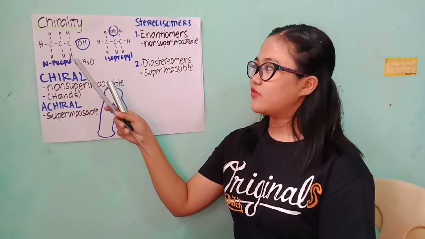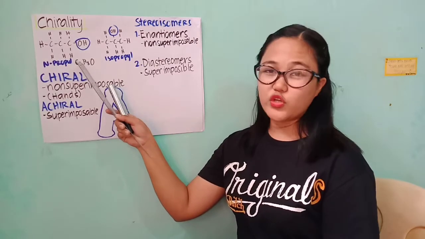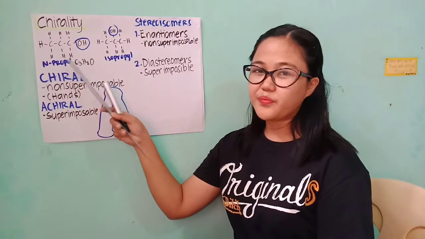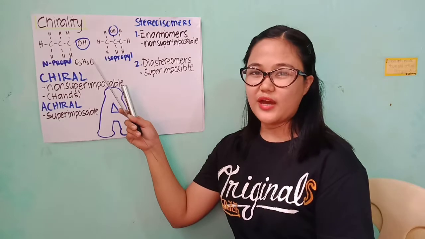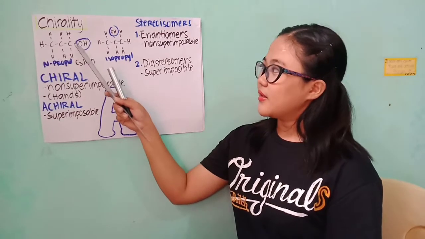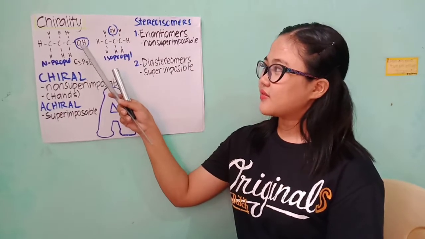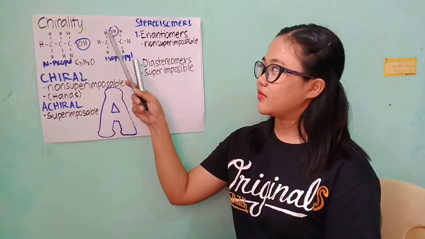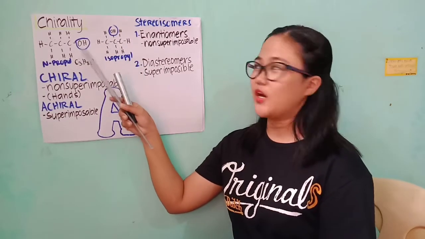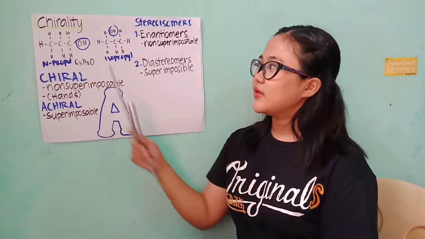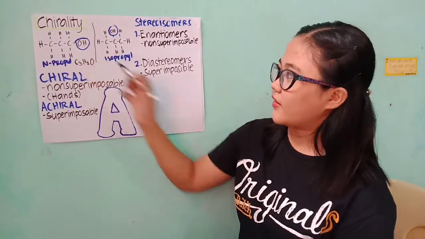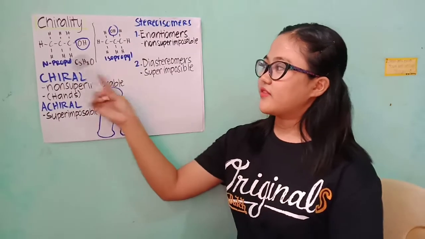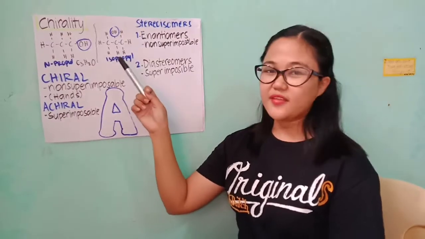These two compounds consist of 3 carbon atoms, 8 hydrogen atoms, and 1 oxygen atom. But the difference is that they differ in the arrangement of the oxygen atom. This is an example of chiral. One is n-propyl and the other one is isopropyl.